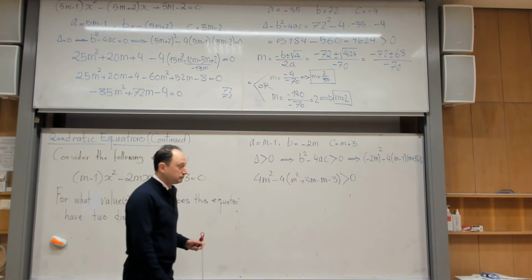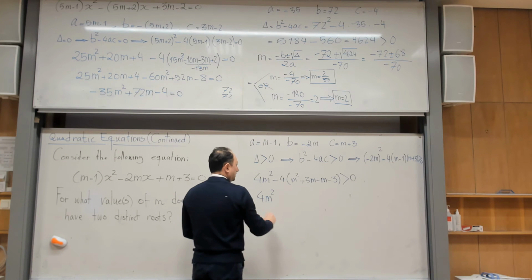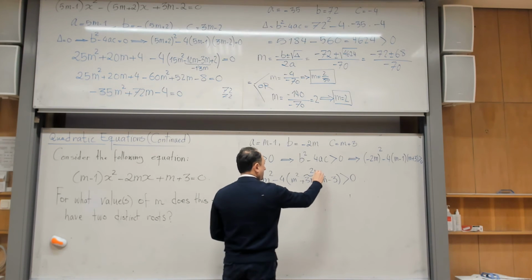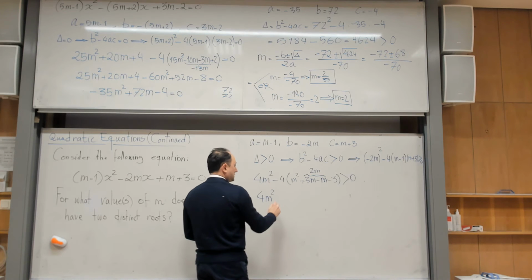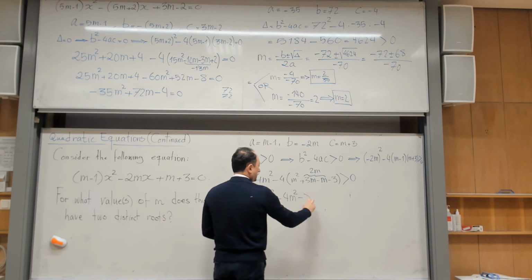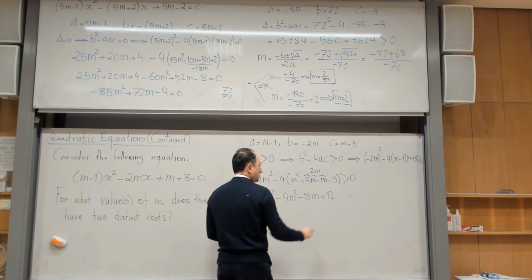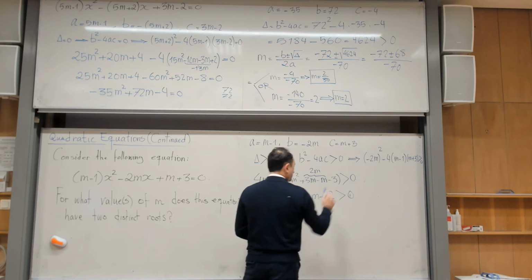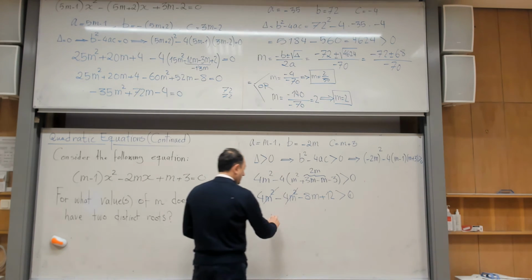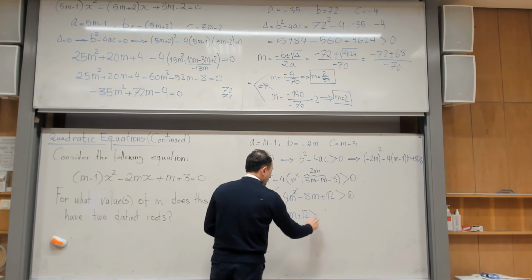So this becomes 4m squared, and these two are similar, they can be combined to 2m. I multiply minus 4 in, it becomes minus 4m squared minus 8m plus 12 greater than 0. Then the 4m squared terms cancel, and I get minus 8m plus 12 greater than 0.